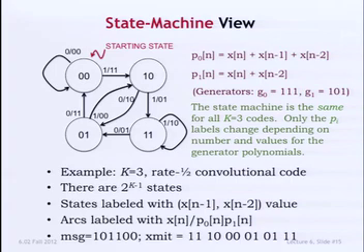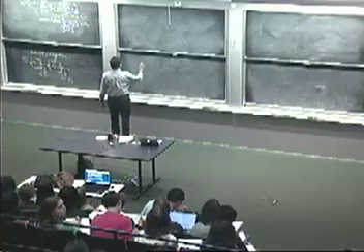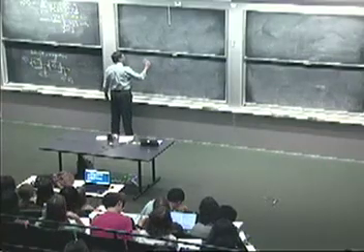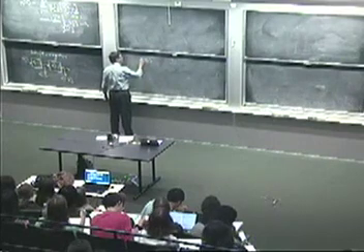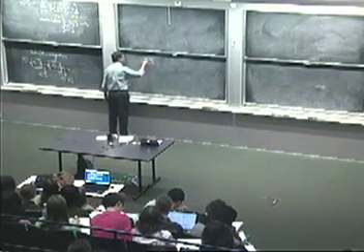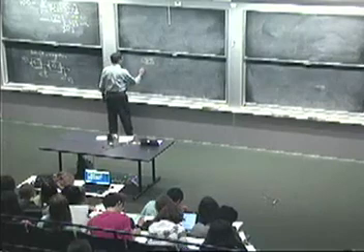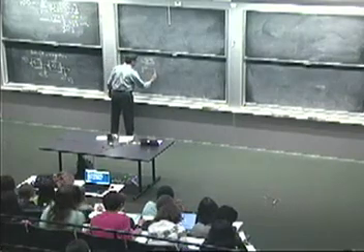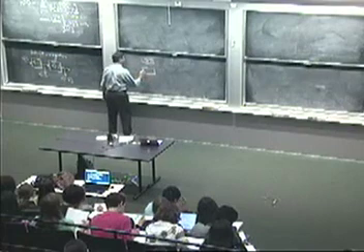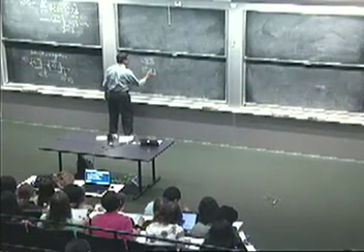So let me ask you this. If I'm in the 0, 0 state with my shift register, so what you've got to picture is your shift register sitting there with 0, 0. What does it take for me to get to the 1, 0 state?